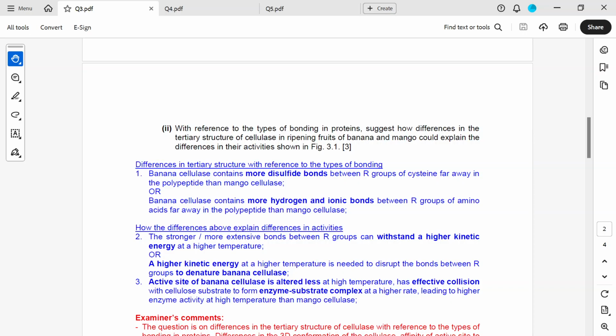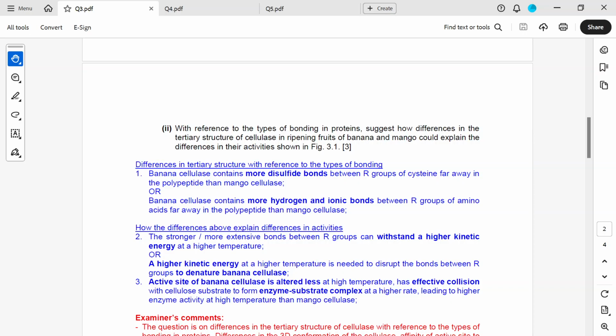So that allows the active site of the banana cellulase to be less altered, or to remain the correct complementary shape at higher temperature, to allow effective collision and formation of enzyme substrate complex at a higher rate since the temperature is higher, leading to the higher maximum rate of reaction as shown in figure 3.1. So these will be the answers.